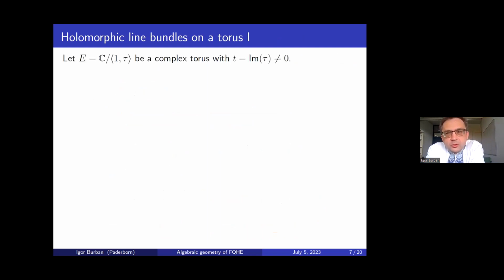So the complex torus is a quotient of the plane modulo a lattice. And it is convenient to assume that the modular parameter tau is such that the imaginary part of tau, well, it's non-zero anyway, but actually I wanted to say that the imaginary part is positive. So later on it will matter.